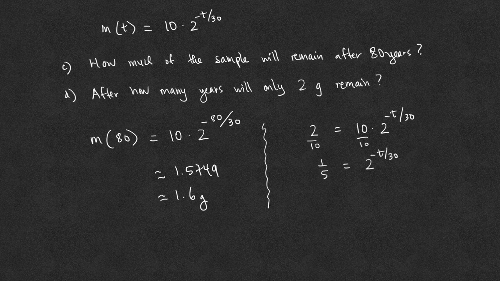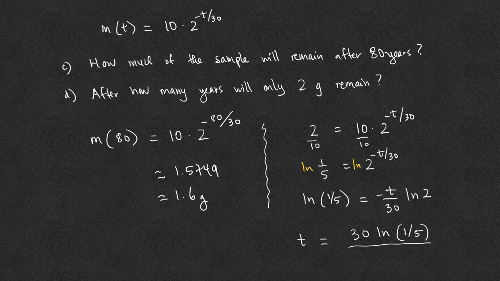And then we ln both sides of the equation because we want to get the unknown variable out of the exponent. Ln of 1 over 5 equals negative t over 30 times ln of 2. And so t equals 30 times ln of 1 over 5 divided by negative ln of 2.